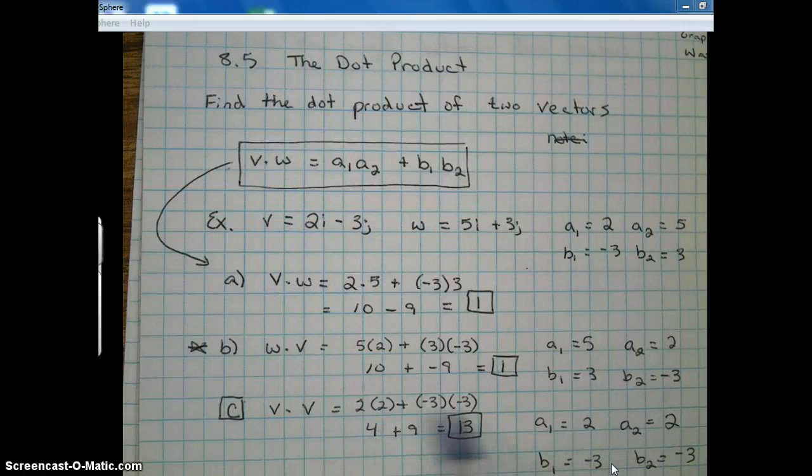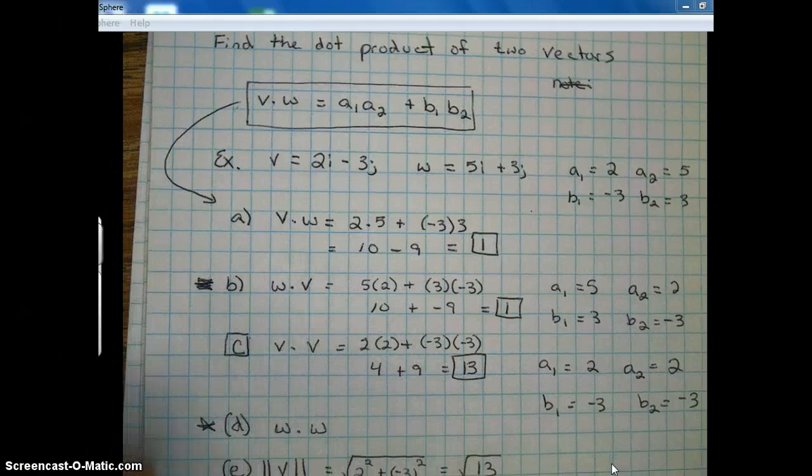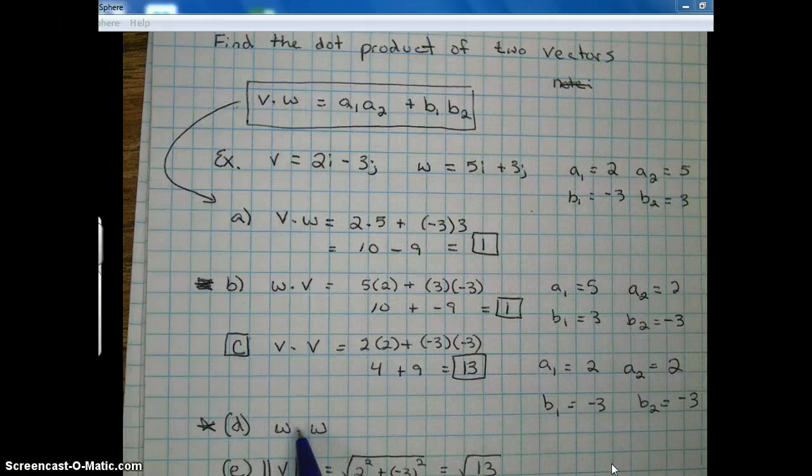Plug them into the formula, and we have a dot product of 13. Okay, continuing on, this is starred. Ignore this star. This is starred because this is probably going to be on your quiz. So make sure you know what vector w times vector w equals.